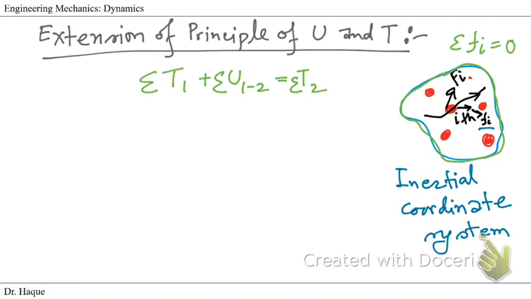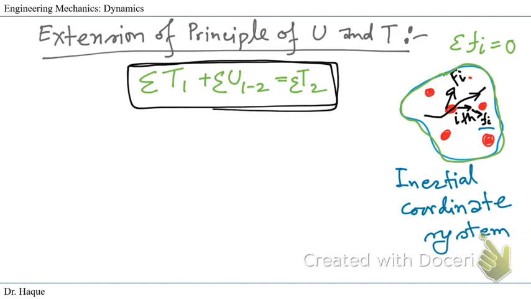So this is simple. If we assume that the body is translating, in which case the internal forces will cancel out each other, we can just sum all the initial kinetic energy of each particle together, and that will be equal to the sum of all the final kinetic energy of the system. So this is how we apply the principle of work and energy on the system of particles.